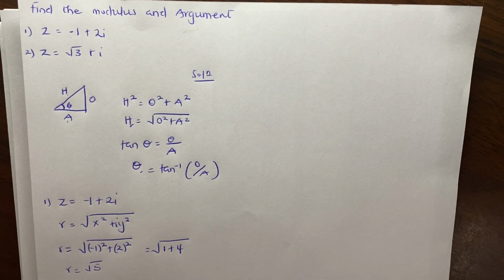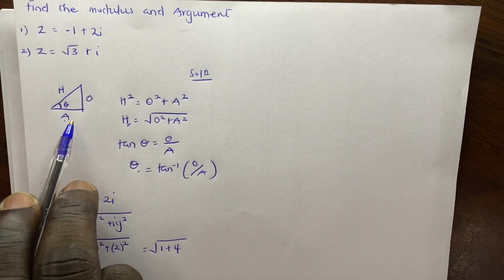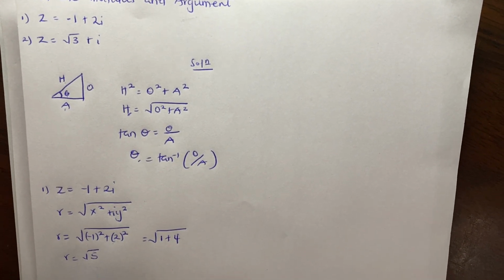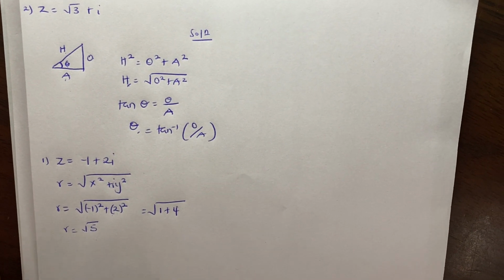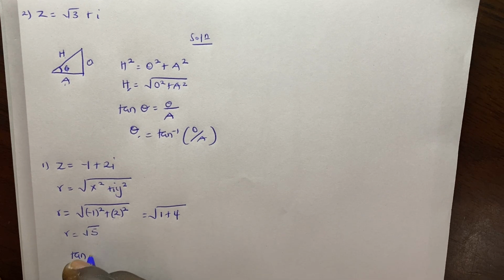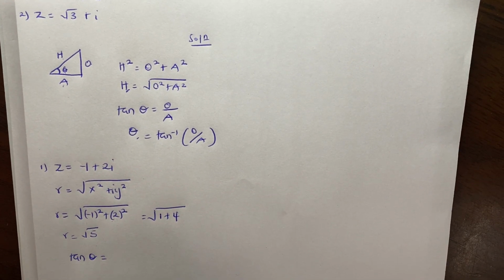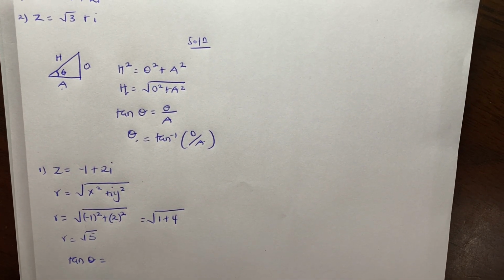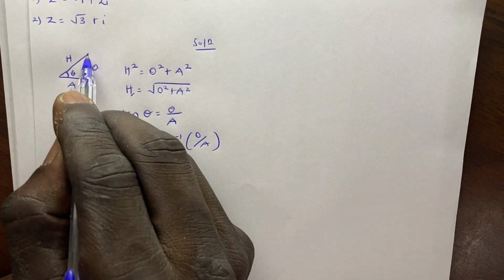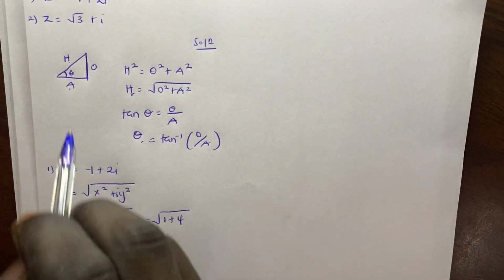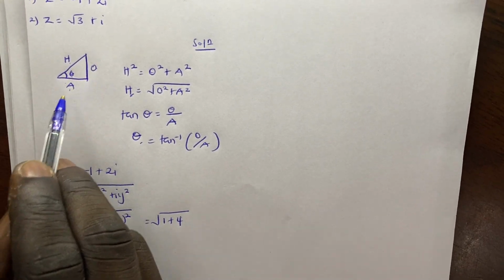Now we have to find our argument. Like we did with the first one, we know that our argument, which is the theta, can be found using the tan trig function. So tan theta is equal to the opposite over the adjacent. So clearly, if you look at this diagram, we can see that the opposite side is the one that represents the y-axis, and then the adjacent represents the x-axis.